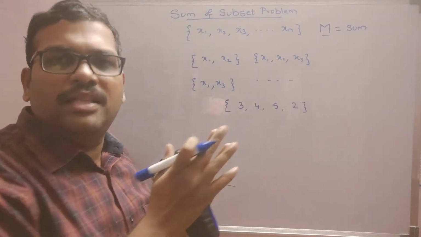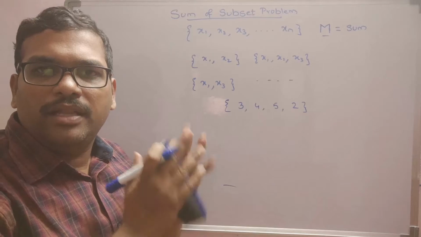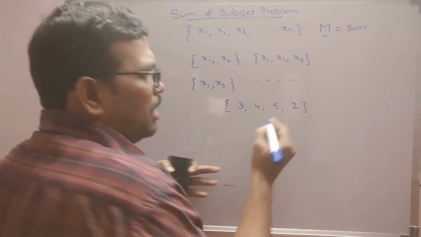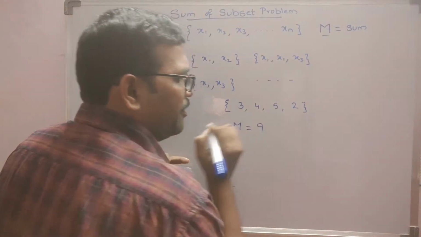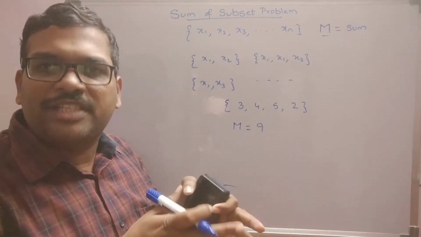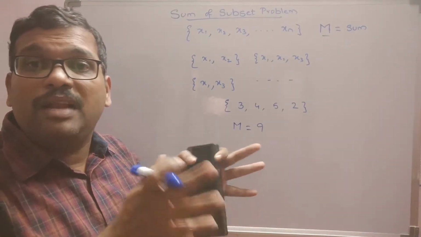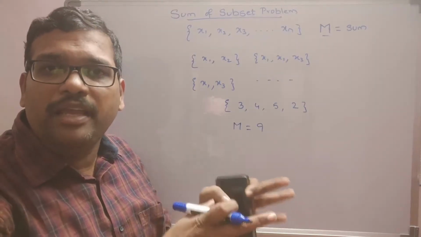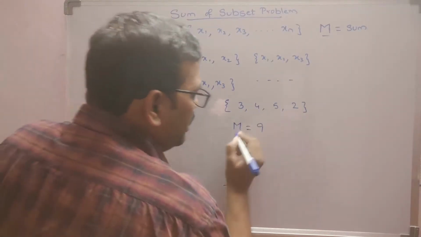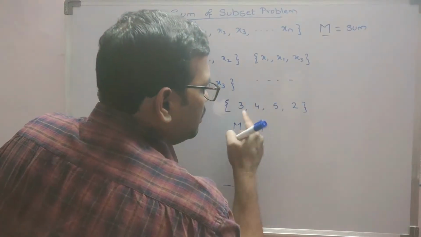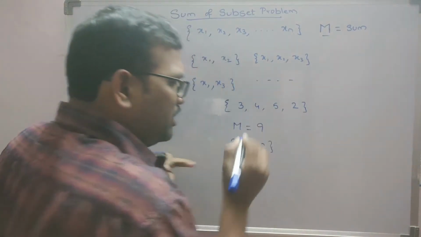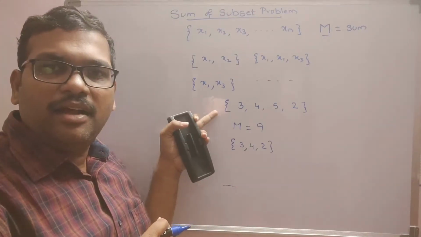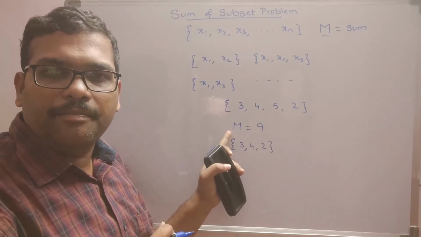These are the elements in the set. Now the total sum is 9. So we need to form the subsets where the sum of the elements should be equal to 9. Here you can see 3, 4 and 2 is a subset of this main set whose sum is equal to 9.